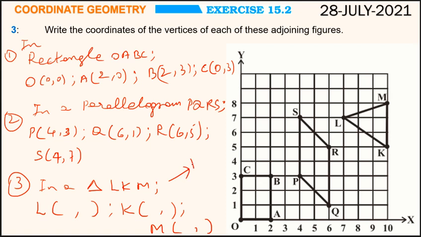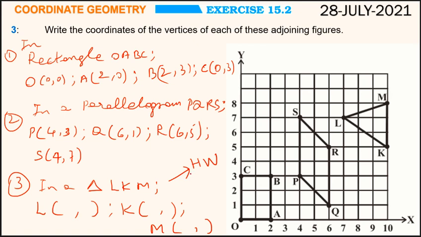Okay, this is your homework. Let me see how many of you follow the video and send me the correct answer in our group. Class 9th A, 9th B, 9th C groups are there, you can send it there.